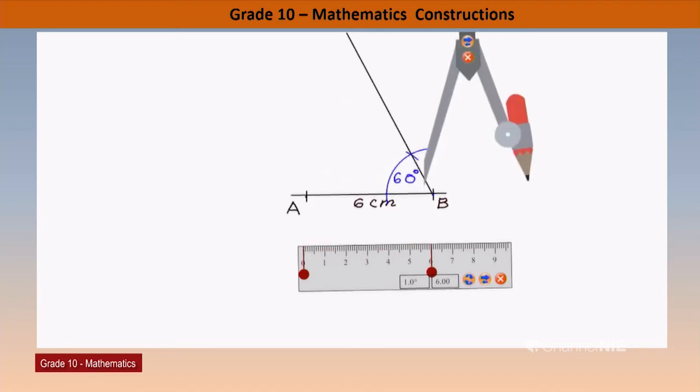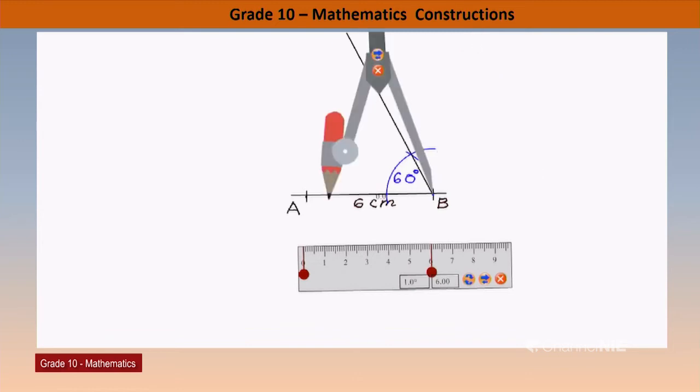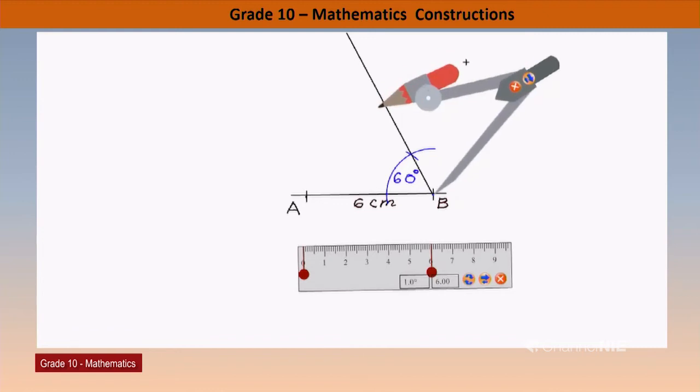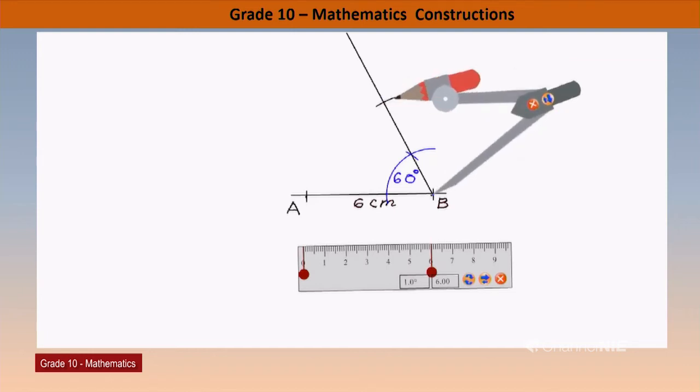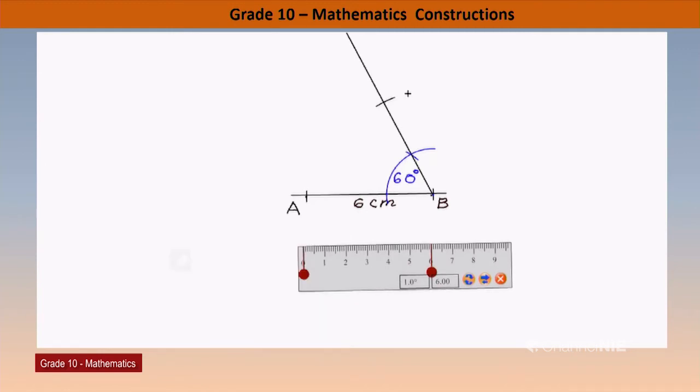Keep the steel point on B, take B as center, construct an arc to intersect that line. That arc and line intersecting, we got a new point. So, each and every point on that arc is 5 centimeters away from B. So, that is C.